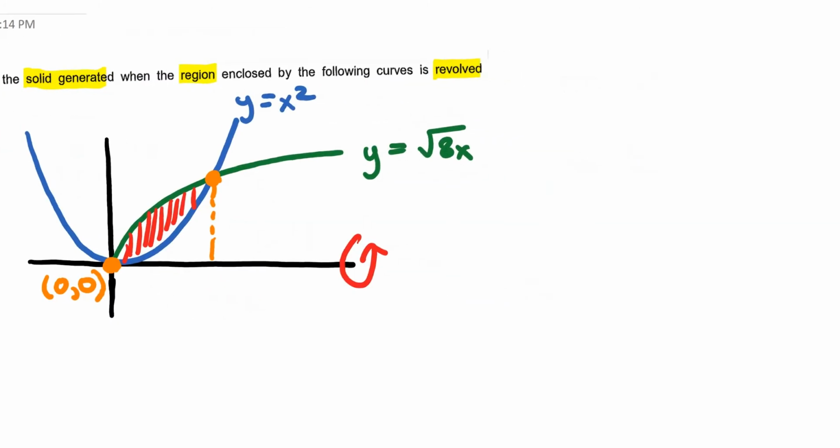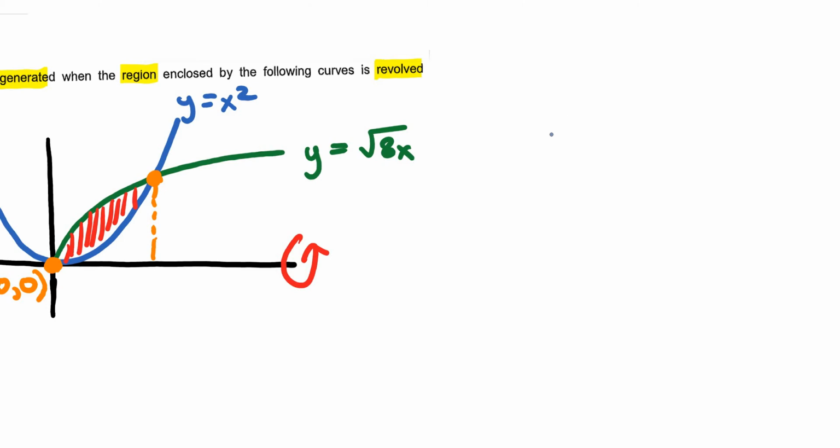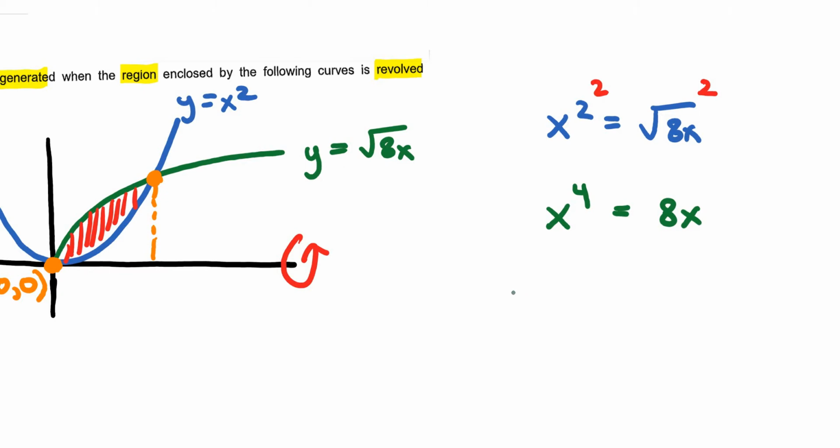All right, so in order to do that, let's make the equations equal to each other. So x squared equals root 8x. After that, I can square both sides. If I square both sides, I get x to the power of 4 on the left-hand side and just 8x on the right-hand side. Then I can bring the 8x to the left-hand side, so it will be x to the 4 minus 8x equals 0.